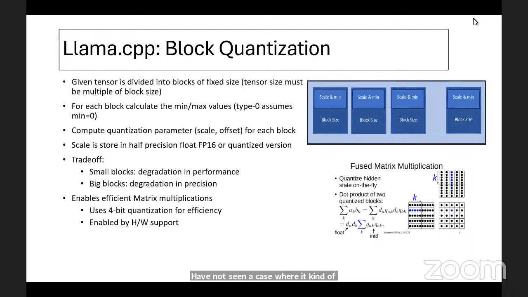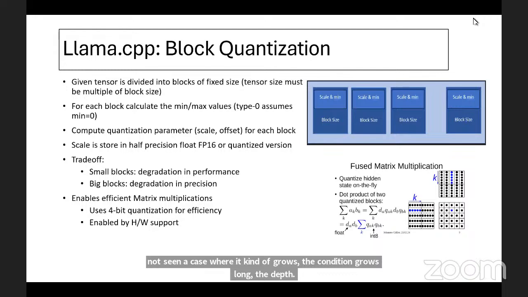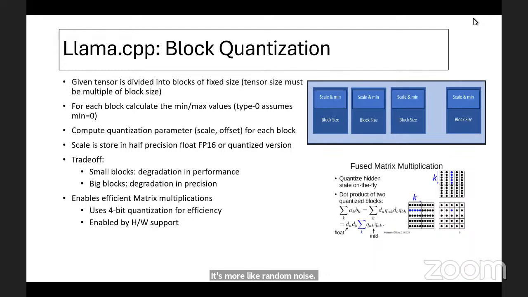It's more like random noise. That means if you try to plot the quantization error across the network, it is more randomly distributed. And if the model is failing quantization, it's probably because 1 or 2 layers are not fully supported or deviating a lot. And once the information is lost, the next layers can't recover it. So does that answer your question?